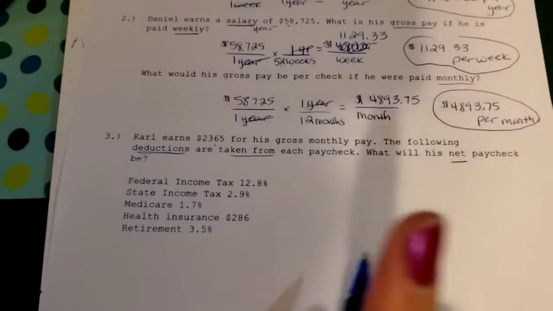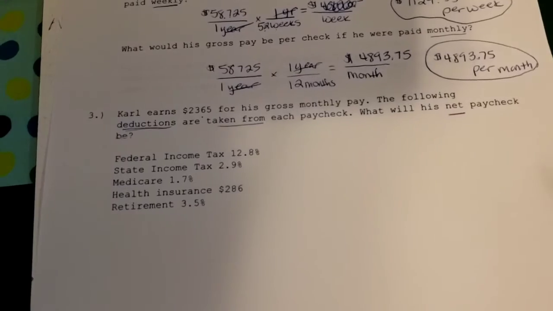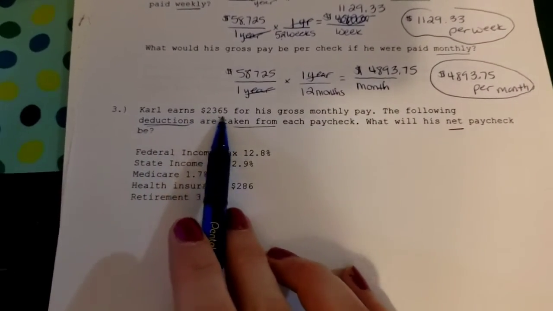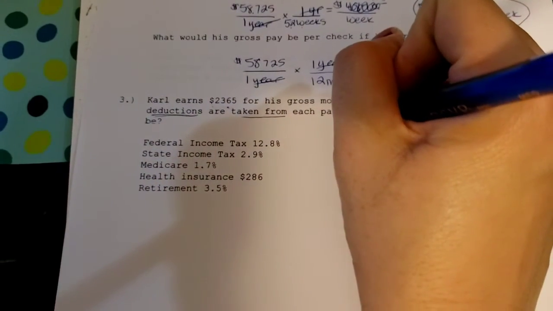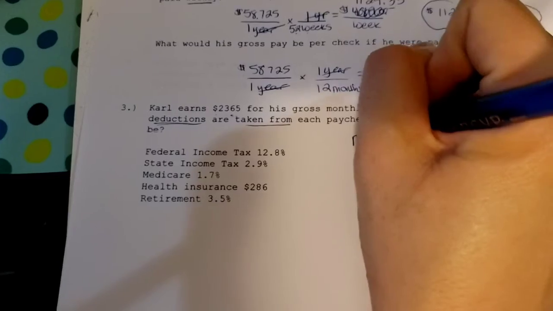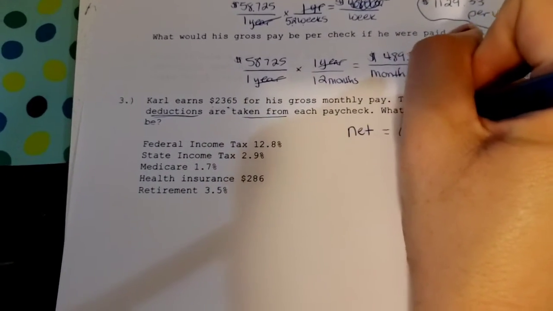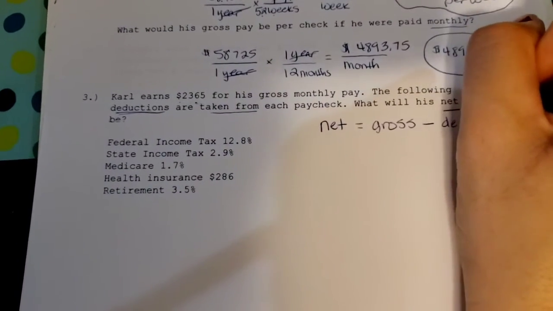The first thing that we have to do is recognize that you can only subtract money from money. So his paycheck is $23.65. His net pay is going to be equal to his gross pay minus the deductions.